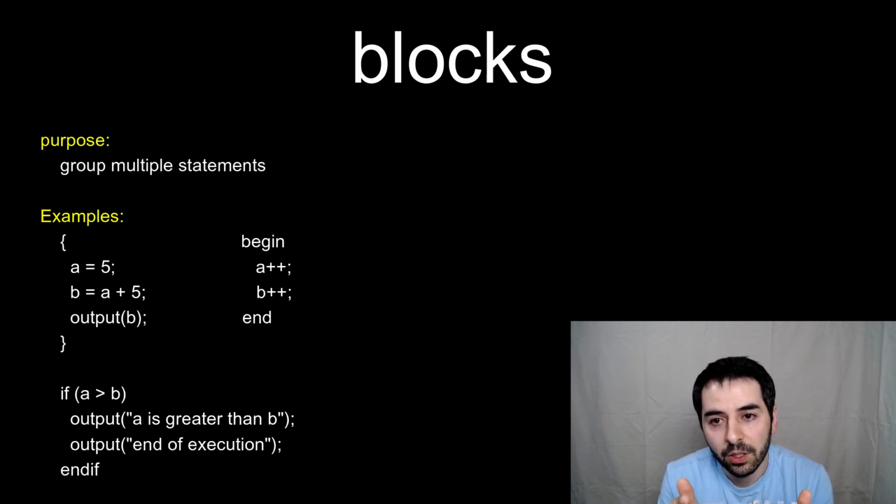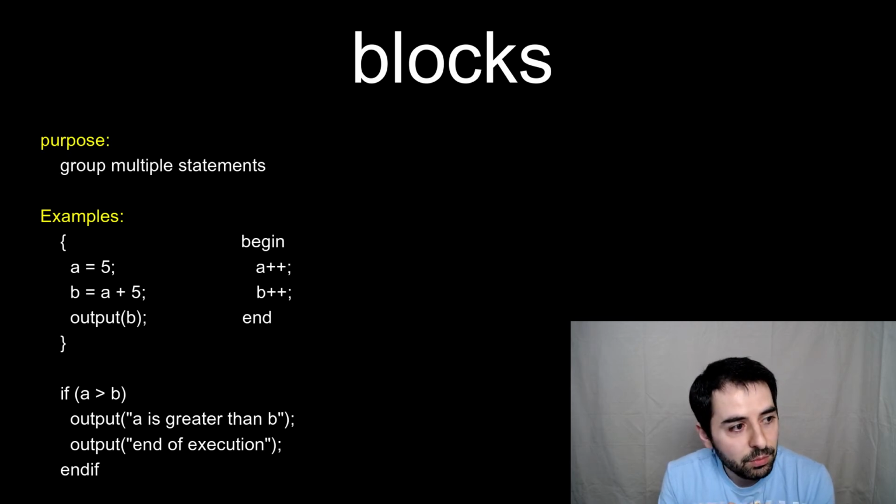The way we group several statements in a block depends on the programming language, and the syntax might be different, but generally there are two symbols: one for opening or starting the block, and one for ending or closing it.